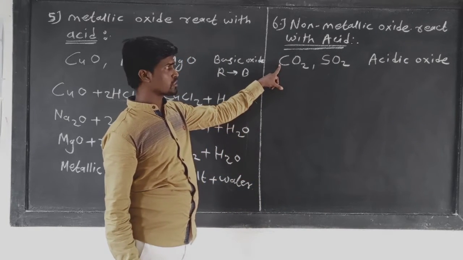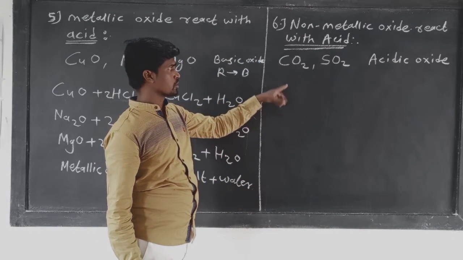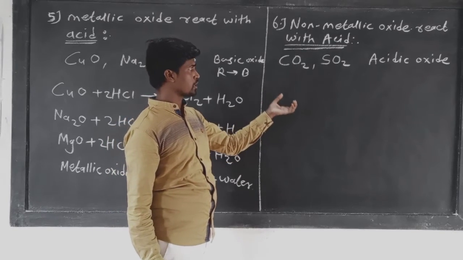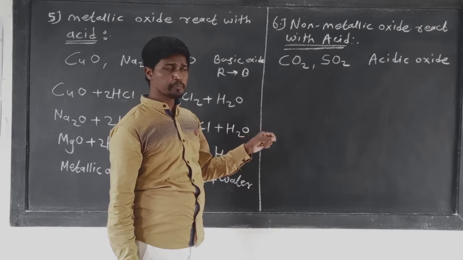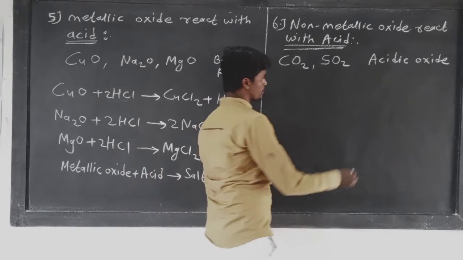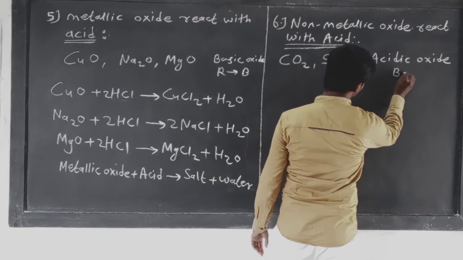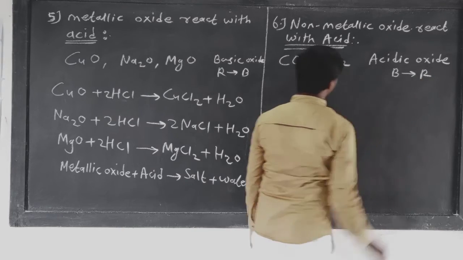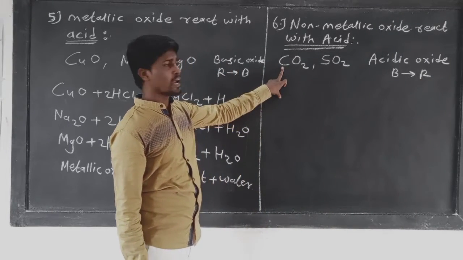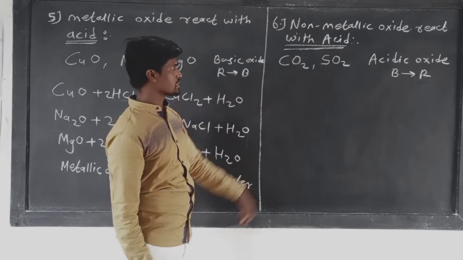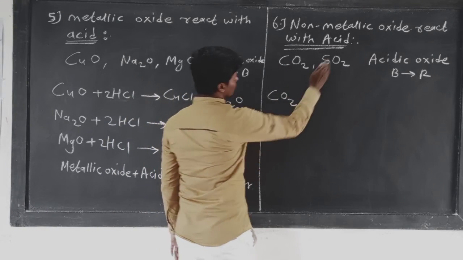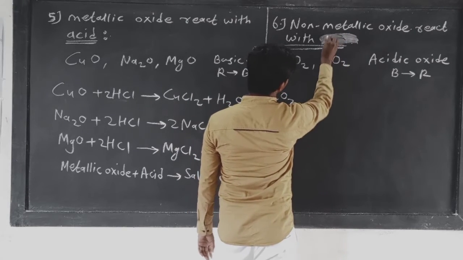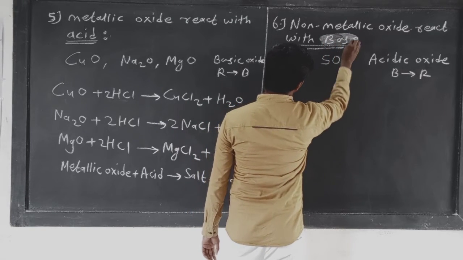Why are these called acidic oxides? Because if carbon dioxide or sulfur dioxide is taken in water to prepare a solution and litmus paper is dipped, the litmus paper color changes from blue to red, and hence it is called an acidic oxide. And this acidic oxide reacts with base.